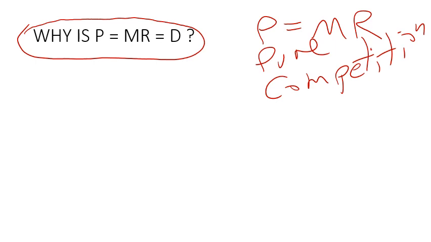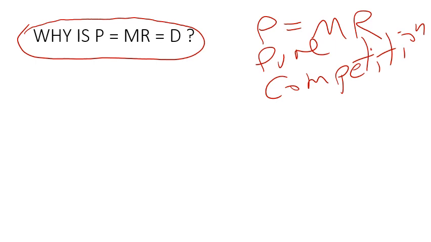P is equal to MR for the simple fact that in a pure competition market structure, all of the companies are forced because of economic forces to accept the market price.